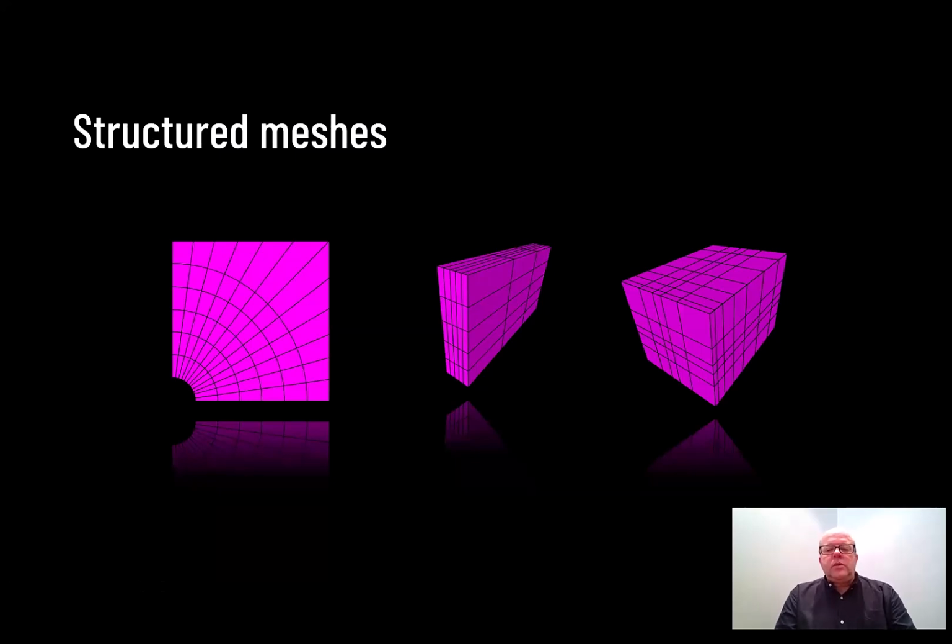Structured meshes, you can see that they are structured because there is a visual rule that you can see here. So on the left side here, you can see that there are a number of rows here, even if there's a curve here, the same number of rows here. Then you have columns here that go around here, but I can find every element by a rule.